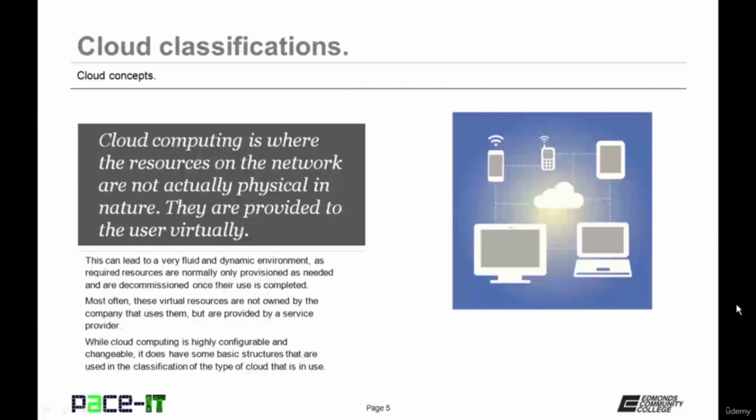Most often, these virtual resources are not owned by the company that uses them, but are provided by a cloud service provider. While cloud computing is highly configurable and changeable, it does have some basic structures that are used in the classification of the type of cloud that is in use.